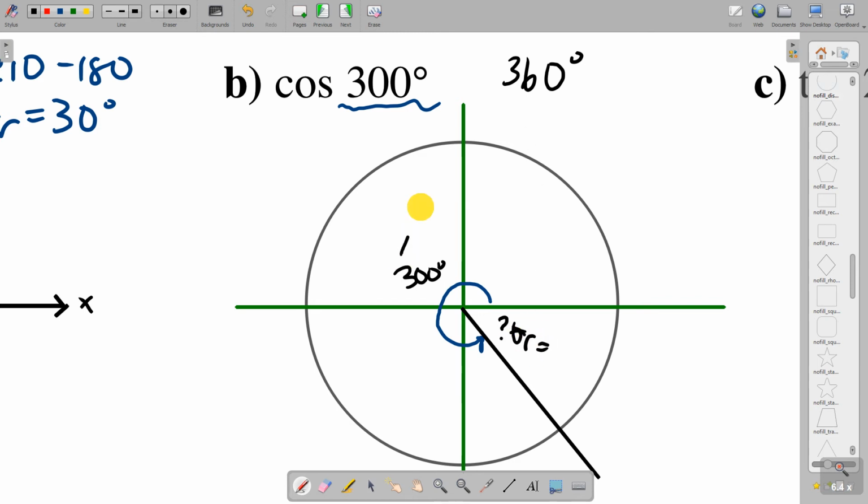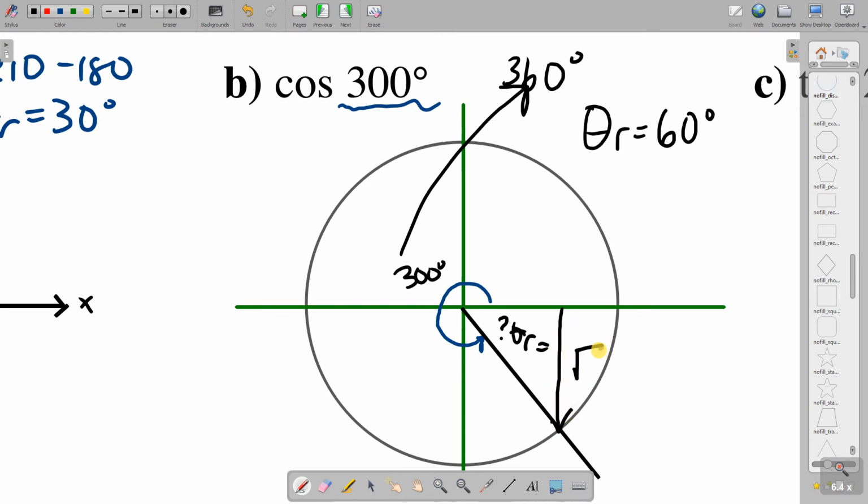How much do you have to get from 300 to 360? The referent angle is a 60-degree triangle. That means that's the one really tall, okay? And now this time it's upside down, root 3, that's the tall one. The short side length is 1, and the hypotenuse, or the radius, is 2. Let me just zoom in on that one.